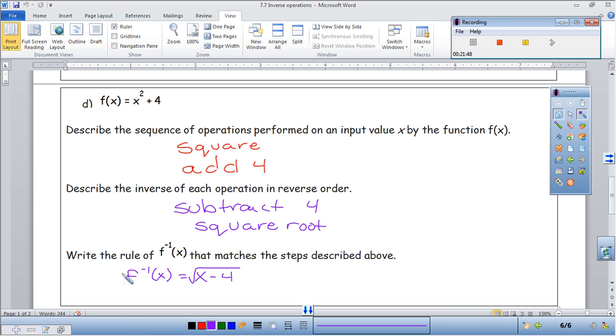This is how you write the inverse, so I know it's an inverse function. Remember, negative exponents like 1 over. This is an inverse.